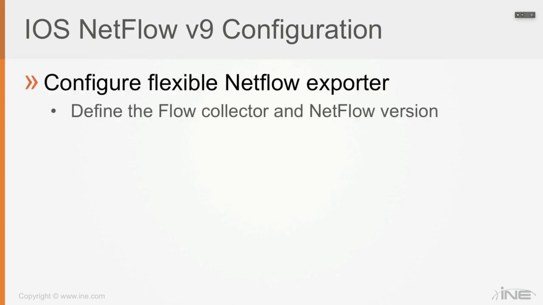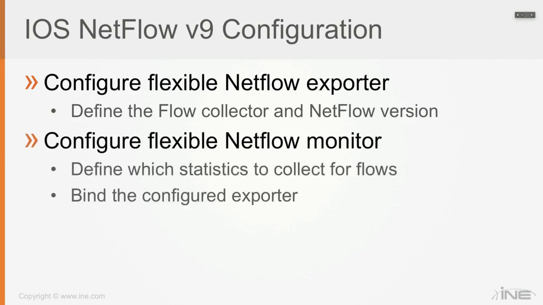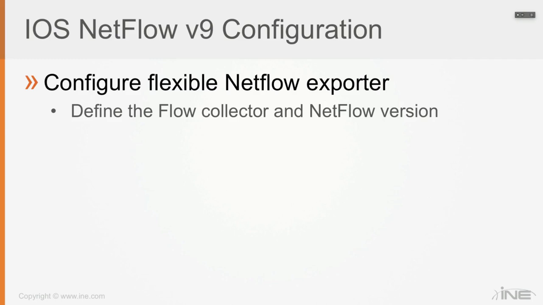We first go on the IOS device and configure the flexible Netflow exporter, which means we define who's the flow collector, so where do we export the data, and what is the Netflow version which we're going to use to export those statistics. Then we configure what is called the flexible Netflow monitor, which means, as the name states, what do we monitor? So again, the blocks make sense. Where do we export the statistics? What is the collector? And what version do we use to export those statistics?